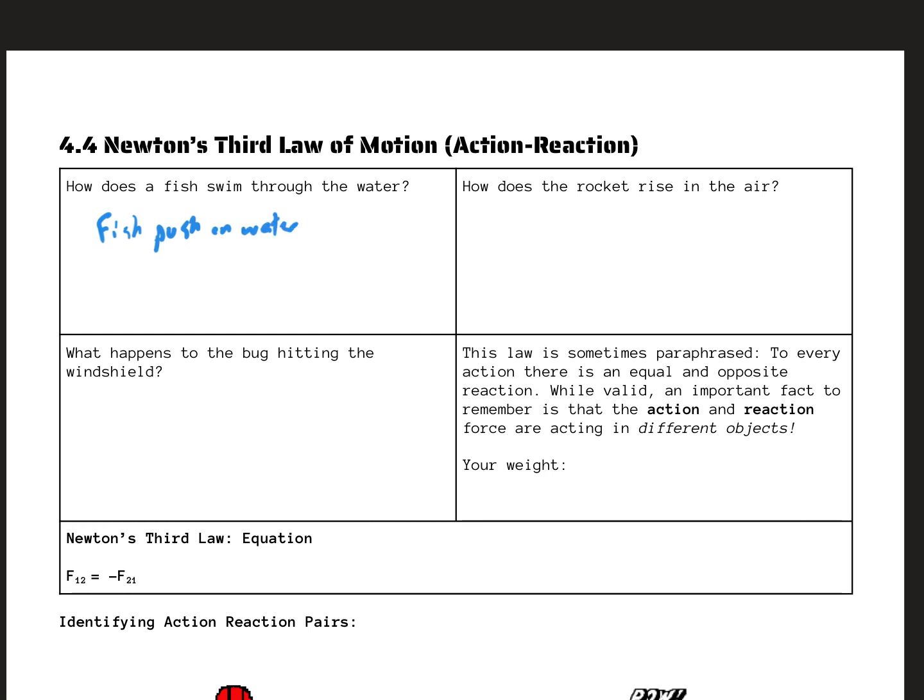The reaction to that is the water pushes fish. Interesting. So in order for the fish to actually move, if the fish is going to push on the water with his fins or whatever, the water actually has to push back. That will propel him forward.